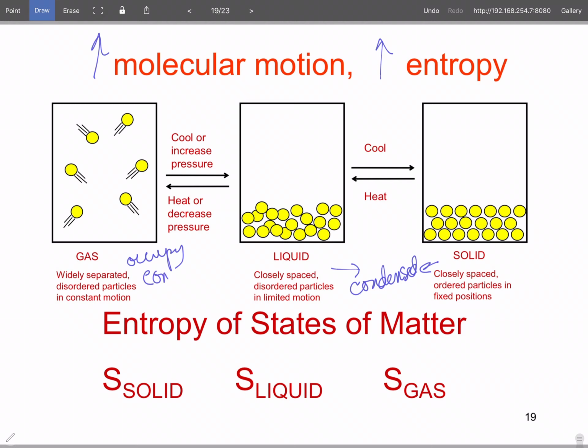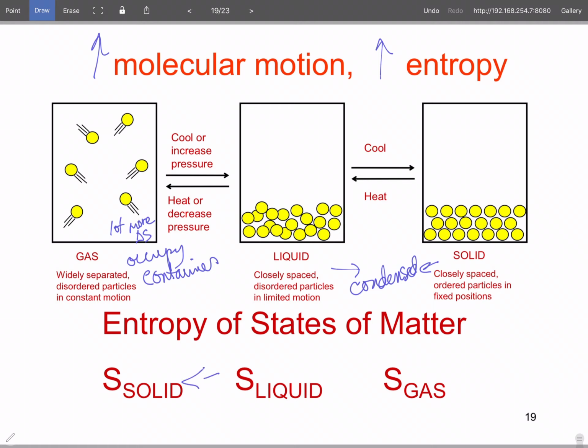It doesn't matter how big the container is, it goes all over. So if you think about it, you have a lot more disorder here than you do here in the solid. As a matter of fact, the solids are much more restrictive.